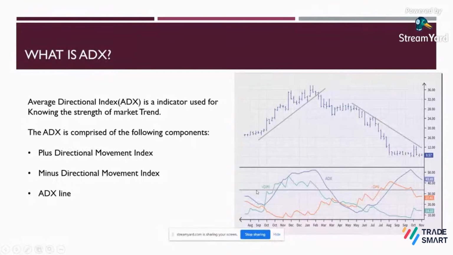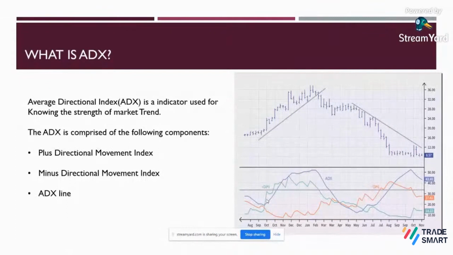As you can see from the picture, the green line represents the plus DMI line, and there is the minus directional movement index line, which is represented by the red line. These two lines represent how the market is performing, how it is behaving.